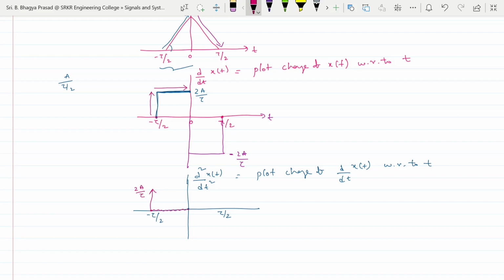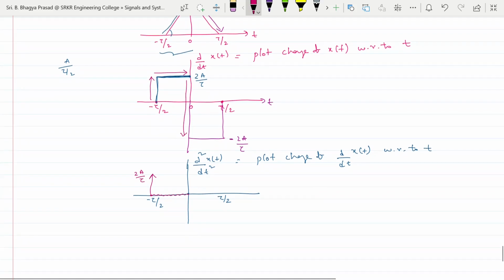If you observe at the position of 0, the value was decreasing from 2a by tau to minus 2a by tau, that is, the change will be 4a by tau. At 0 the value will be 4a by tau and that is a negative value. There is a decrement from 2a by tau to minus 2a by tau.